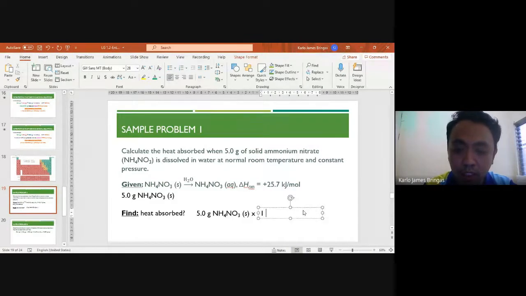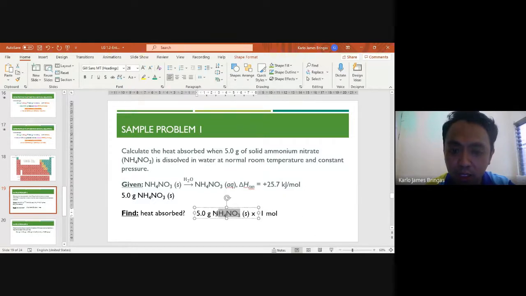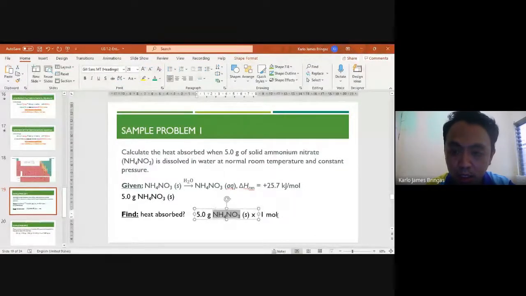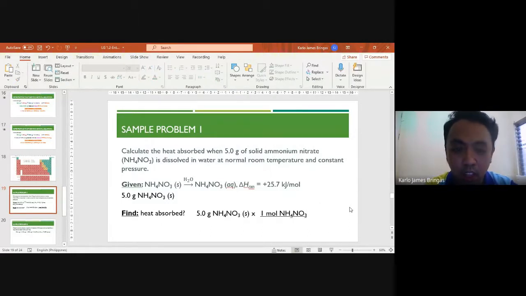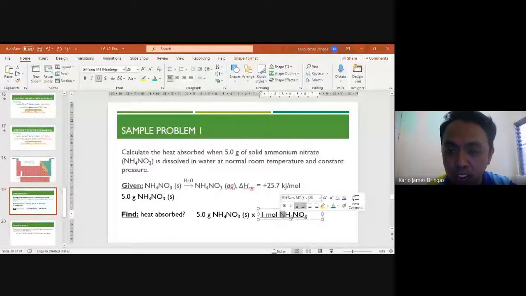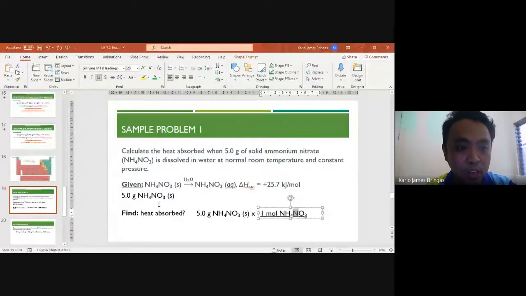So we can now write that 1 mole of the ammonium nitrate is gonna be equal to, let's use the periodic table for this one. So N, that's 14.007 times, there are 2 nitrogens, so times 2, plus the hydrogen, which is 1.008.